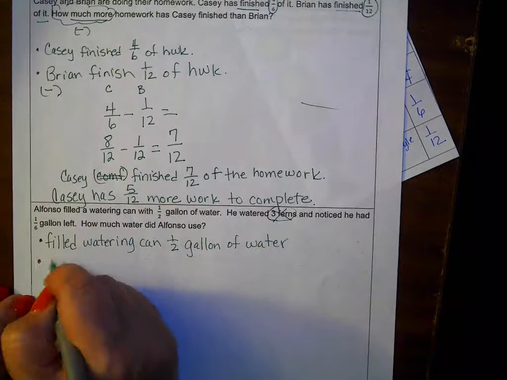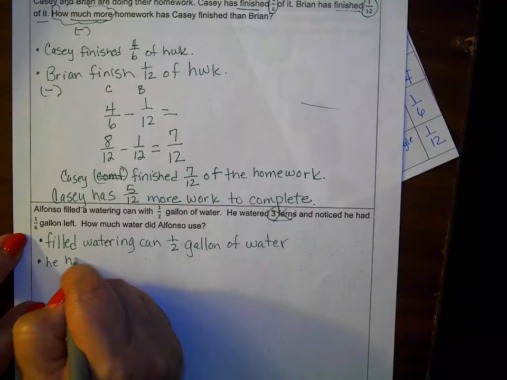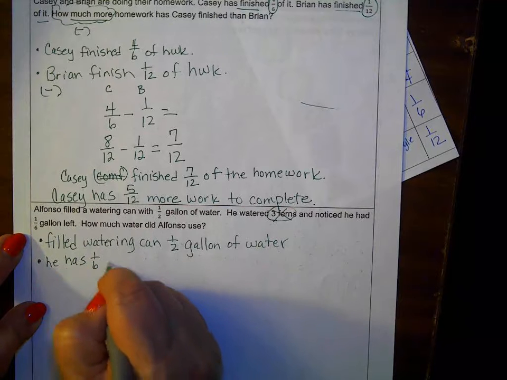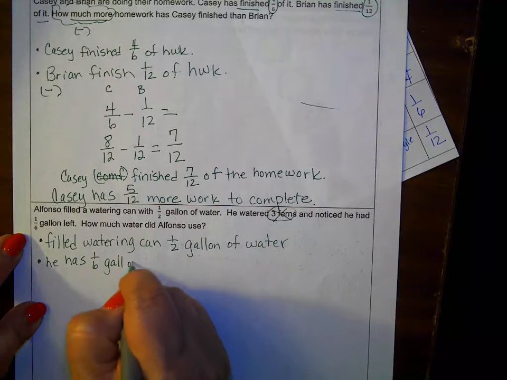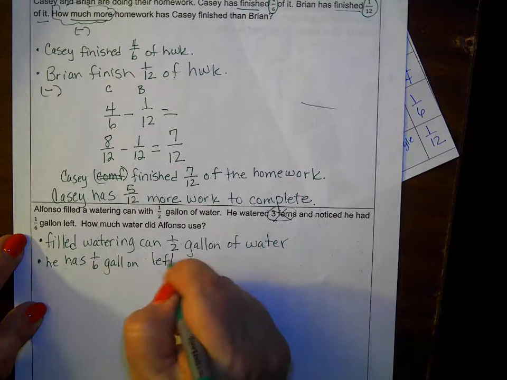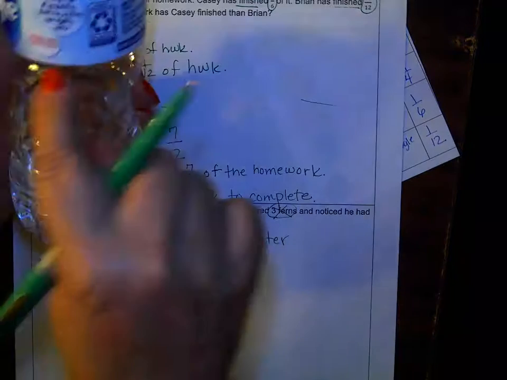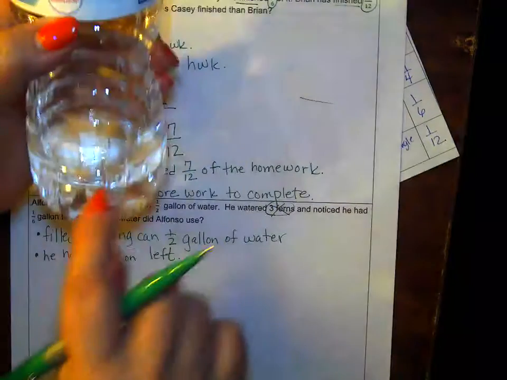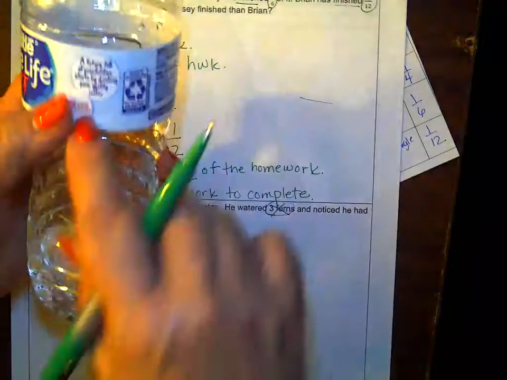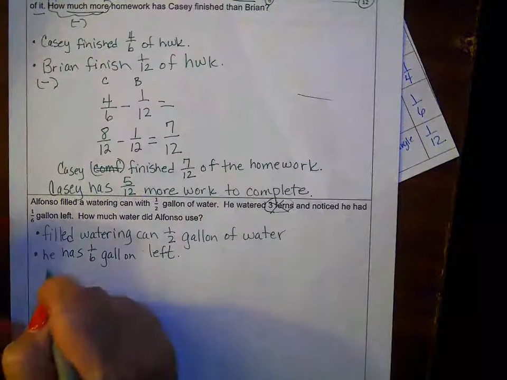So here, he has 1/6 gallon left. What operation do I need to do to figure this out? If this is my 1/2, and this is where he's at down here, how do I find out how much he used? Very good. So I'm going to need to subtract that out.